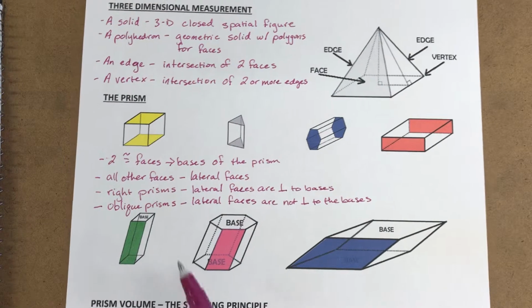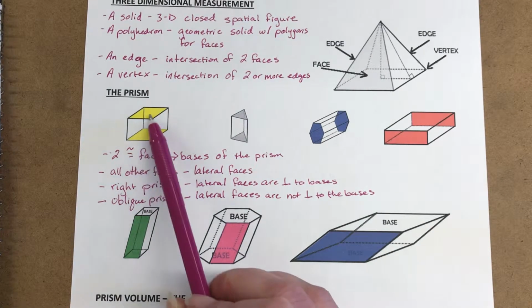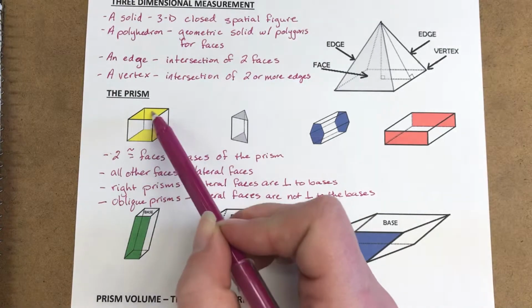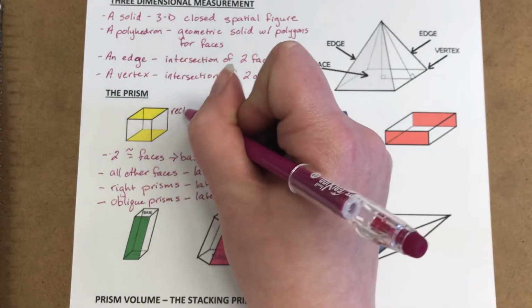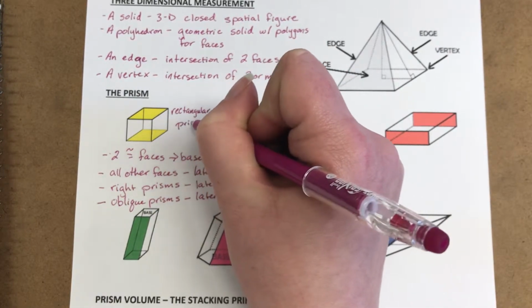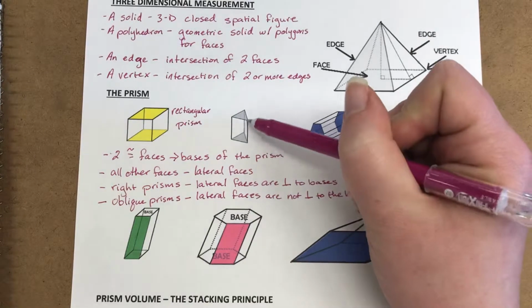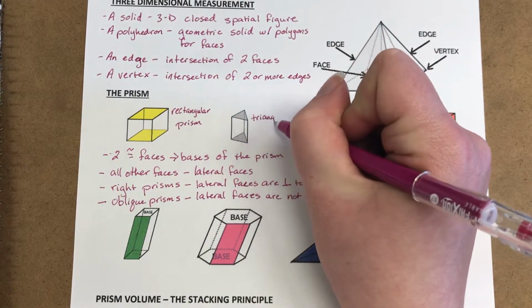The only other thing I can think of that we need to know is that when we name prisms, we name them based off of the shape of the bases. So in this case, my bases here are rectangles, so we would call this a rectangular prism. These bases are triangles, so this would be a triangular prism.